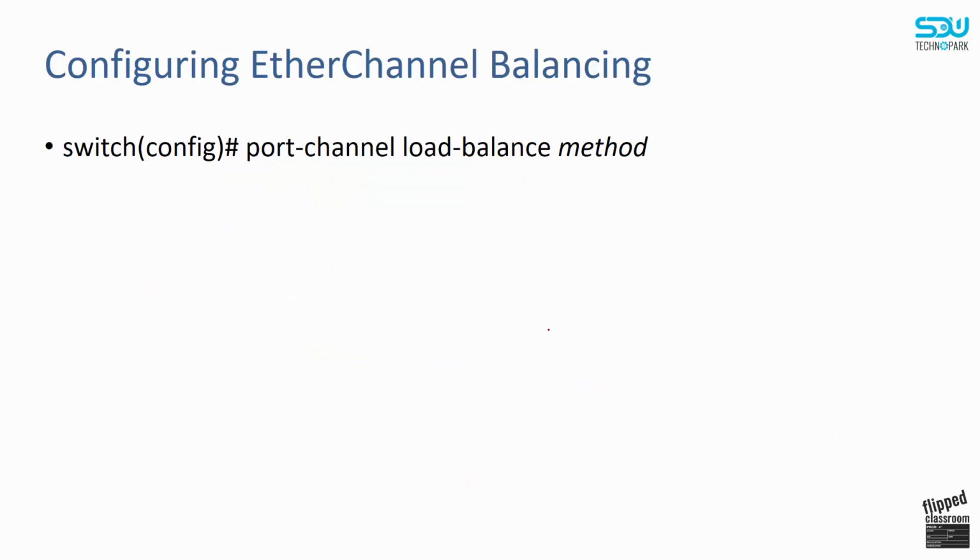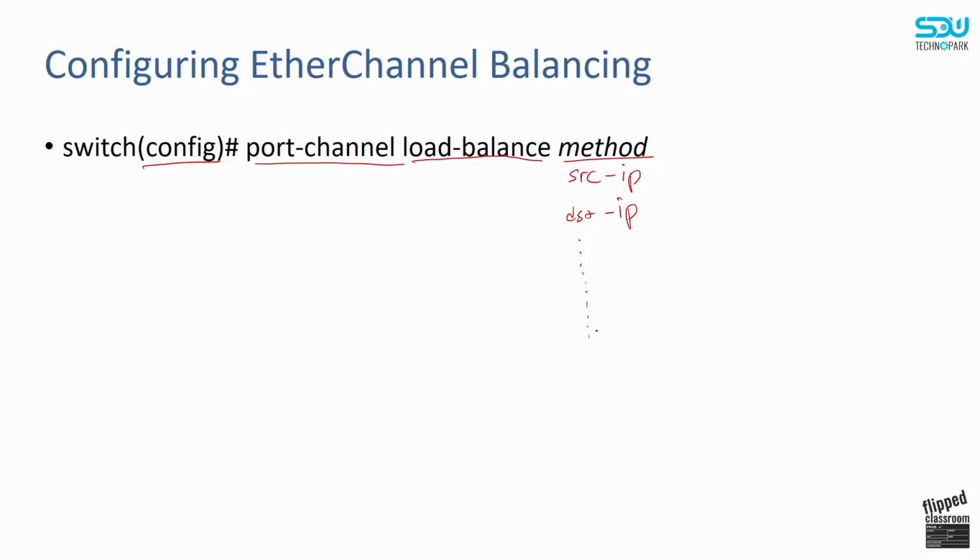Here it is. How to configure the load balancing? You just have to write in global configuration mode port-channel load-balance, and afterward you define one of the methods, like source IP address, or you can write destination IP address, and so on. You can just select one of these methods, but you have to note that not all of the load balancing methods are supported by all switches.